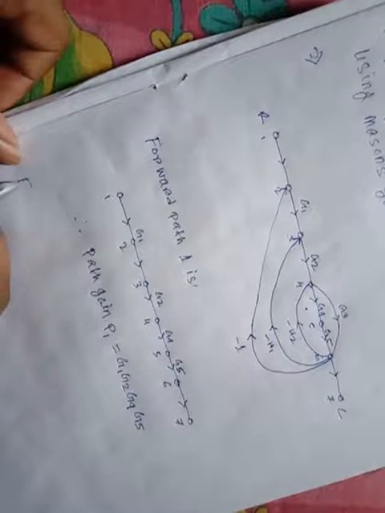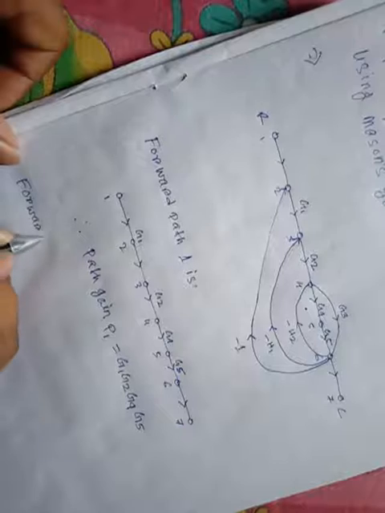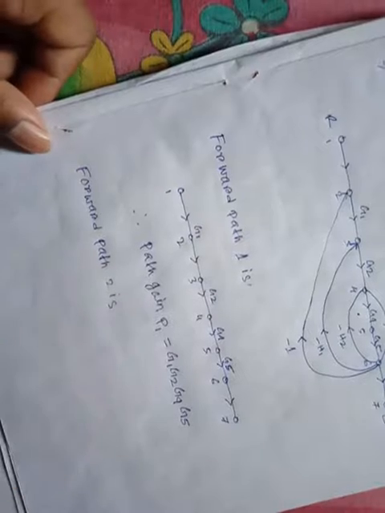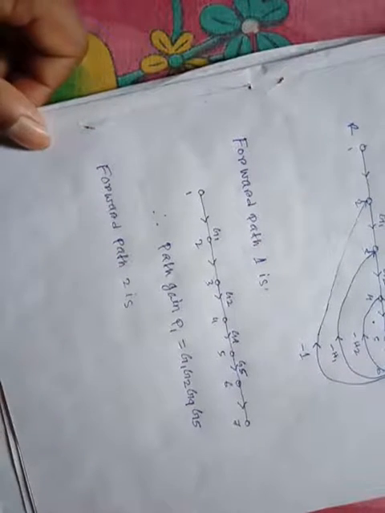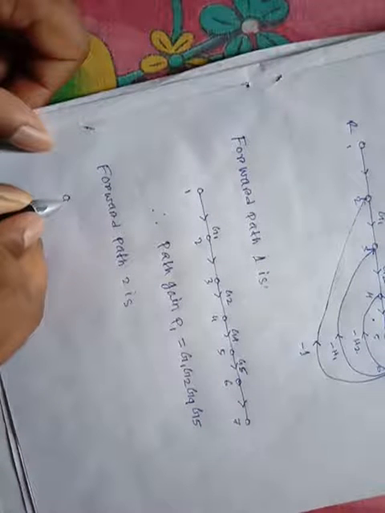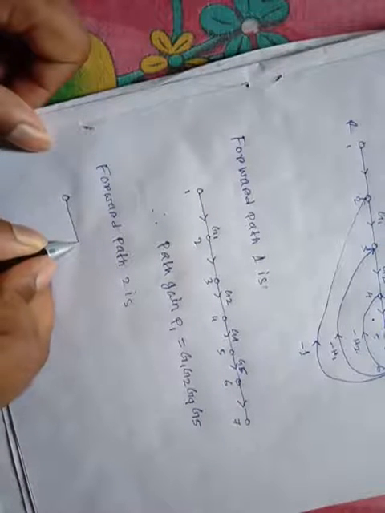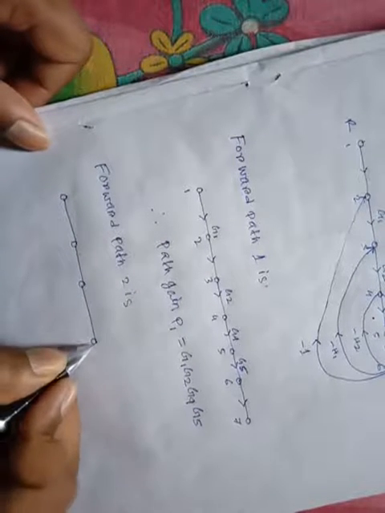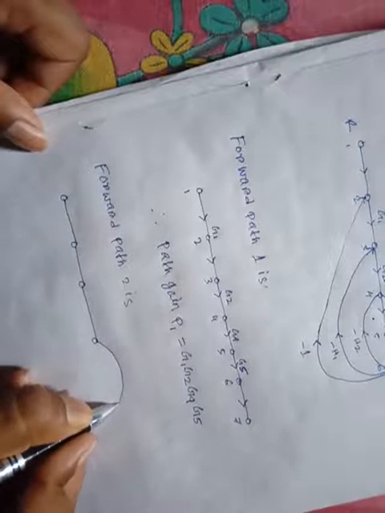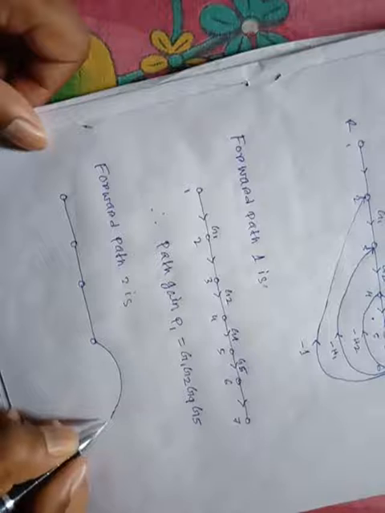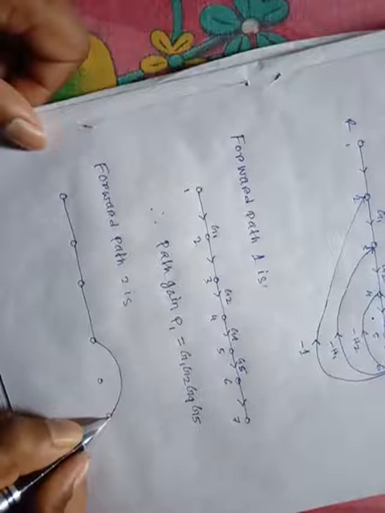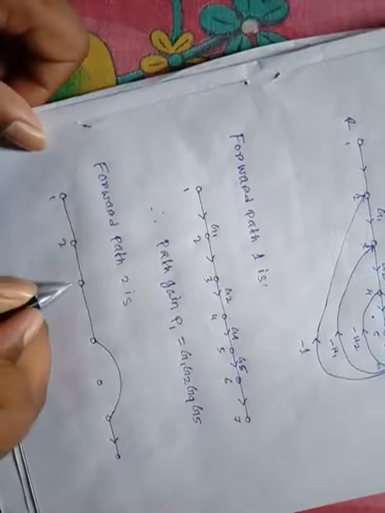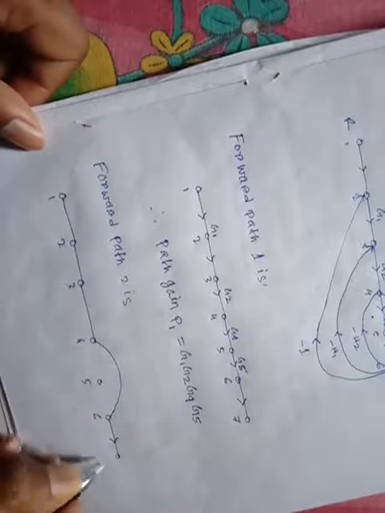Second forward path, forward path 2, goes through nodes 1 2 3 4 5 6 7.